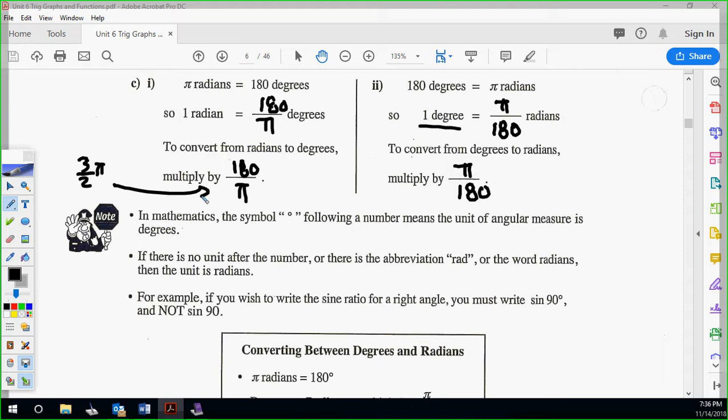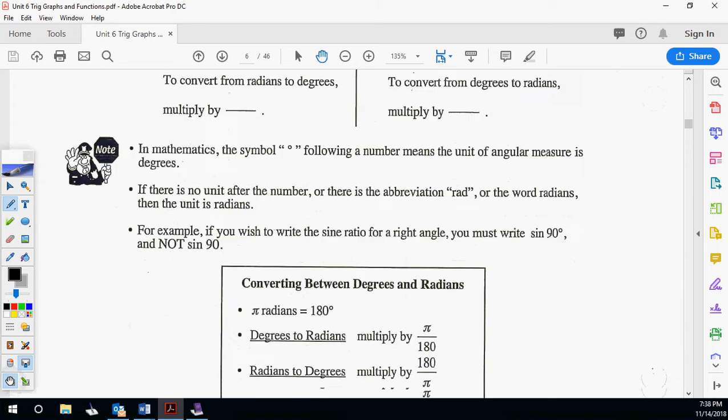Like if I was converting 60 degrees to radians, I would multiply 60 times pi over 180, and you'll see the pi doesn't cancel. So that means you are in radians. The pi is kind of the indicator for me. It's like, oh, I still have a pi left, I'm in radians. And if I do it this way, oh, pi's cancel, I'm in degrees now. So that can be your indicator if you get lost in which one you're converting, or if you forget which one to use.